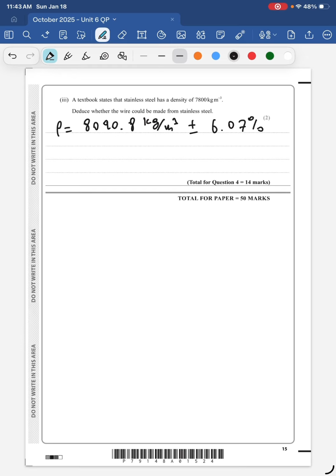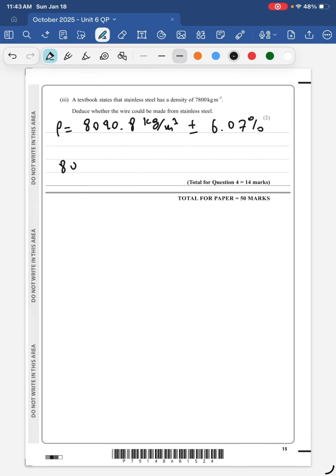So the upper limit for the density will be this value, 8,090 plus 6%. So it's going to be obviously above 7,800. So let's calculate the lower value.